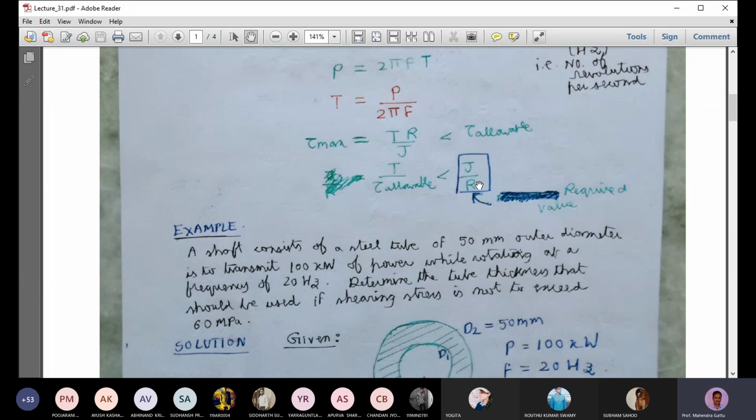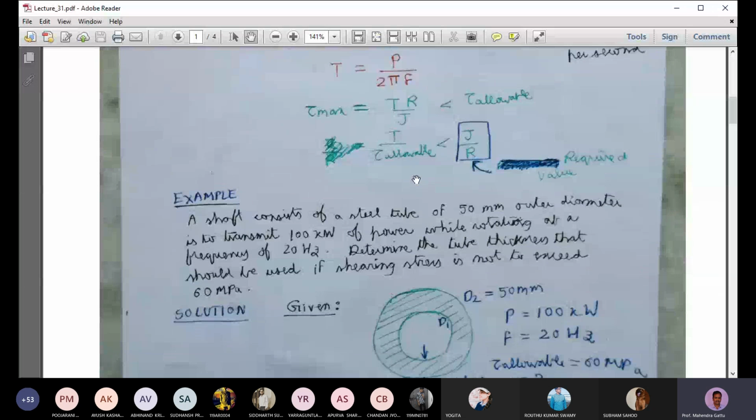This is the minimum value we need to provide so that the shear stress will not exceed tau allowable at any point in the circular cross section. J is pi r power 4 by 2, so J by R is pi r cube by 2. So pi r cube by 2 should exceed this value T by tau allowable.